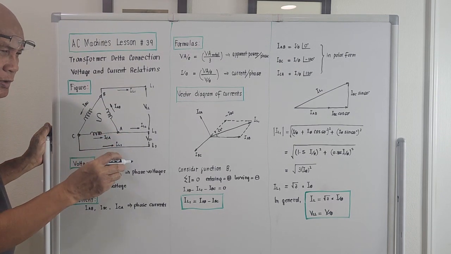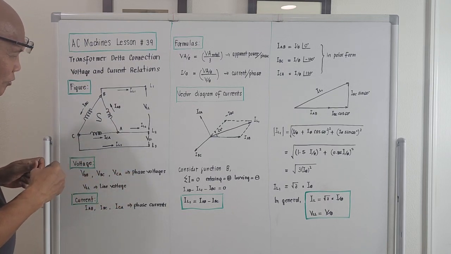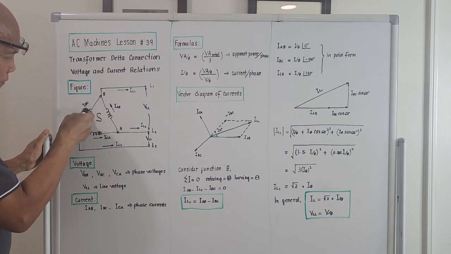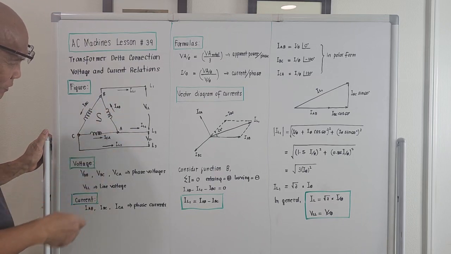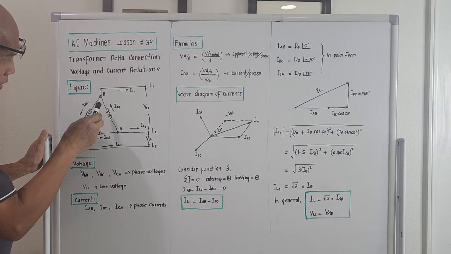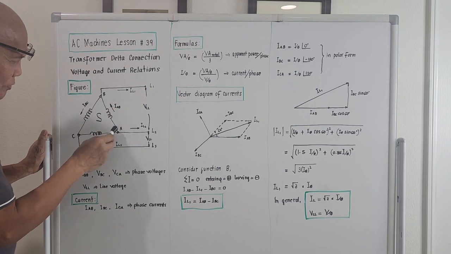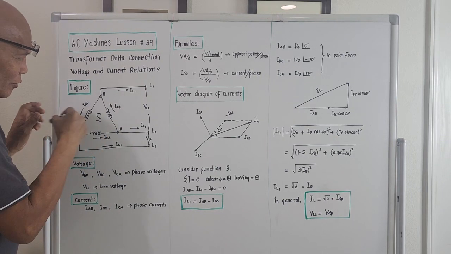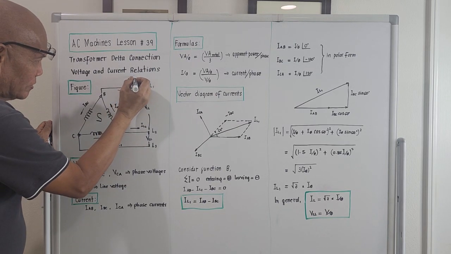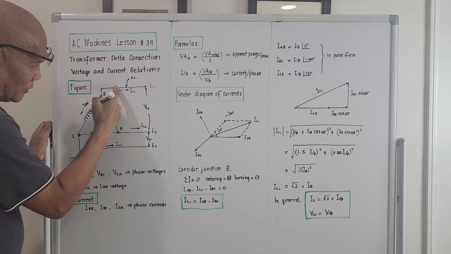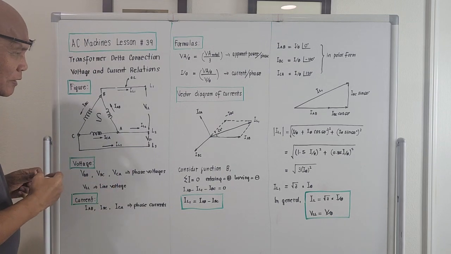Connected between these intersection points are the phase windings: phase winding number 1, number 2, and number 3. If we connect a line to these terminal points, we call these the output lines.